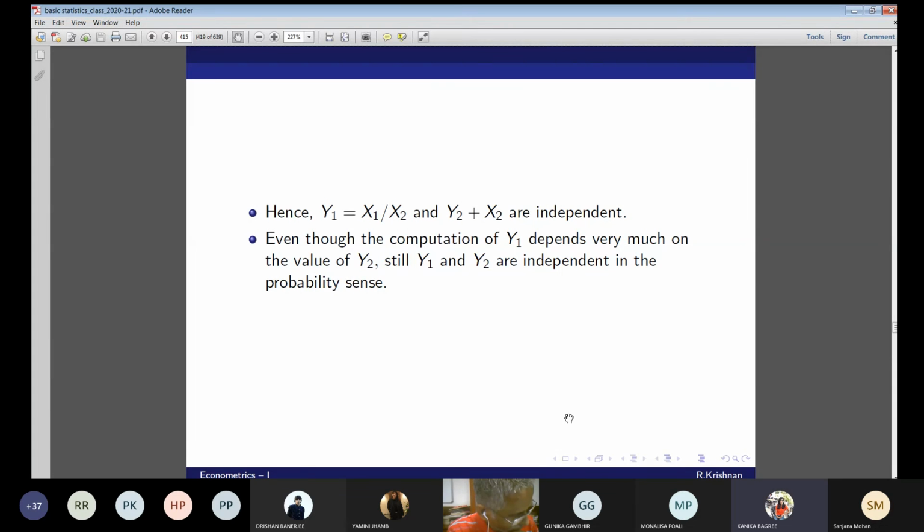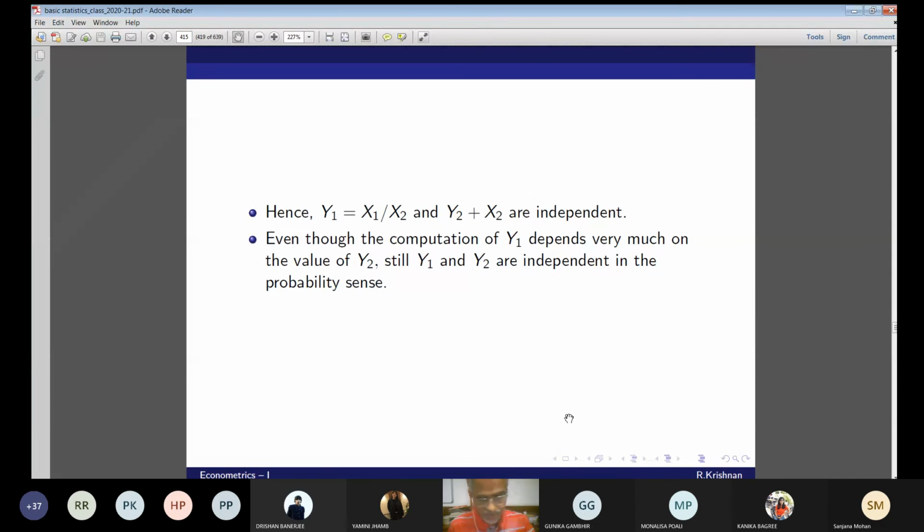Sir, I might be wrong, but is it half? You are quite correct. Why do you always have this doubt? Sir, because it's calculation, we make silly mistakes at times. Okay, this is half only. Can you find the joint PDF of y1 and y2? Later on, not now. Take it as an example. That's very easy. You can write it immediately: half times e to the power minus y2. That's it.